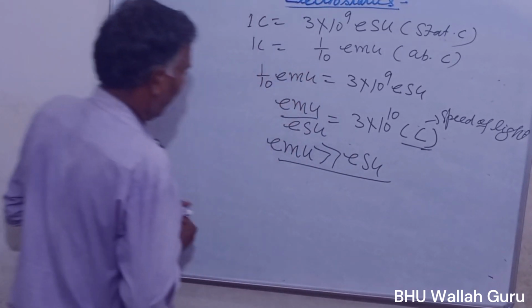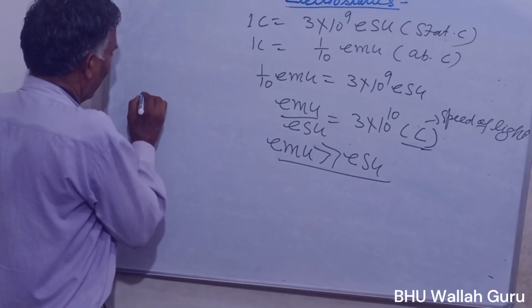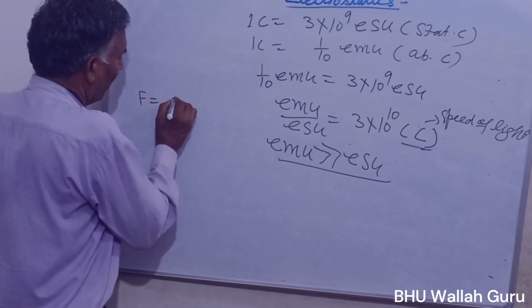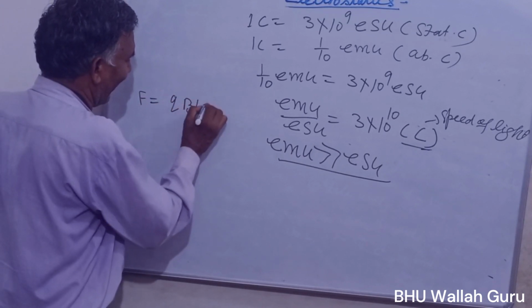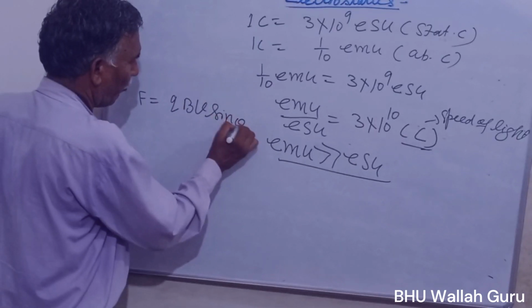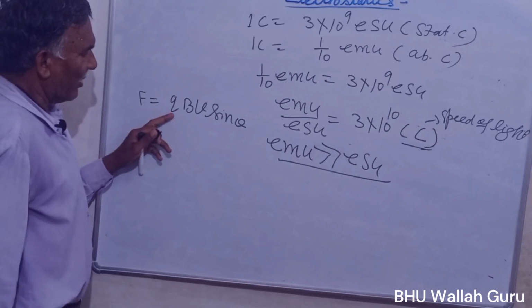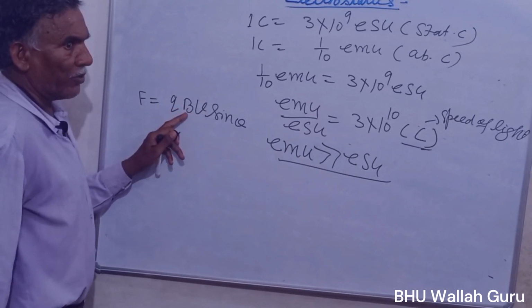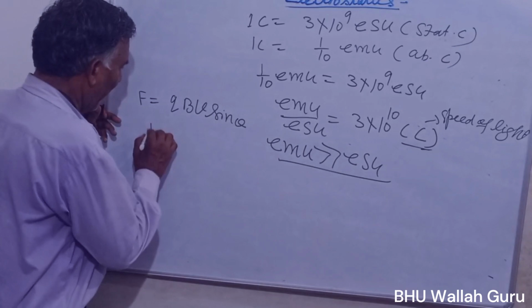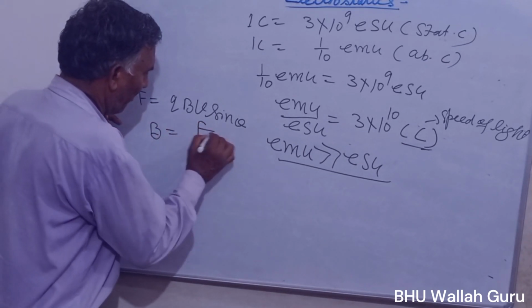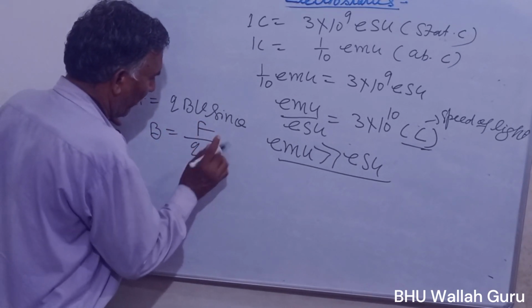What is the use of EMU? We know that F is equal to q v B sin theta, the force on a charged particle moving in a magnetic field. So B is equal to F upon q v.